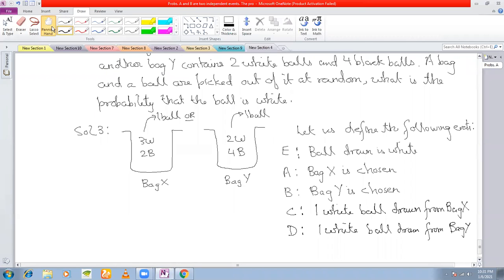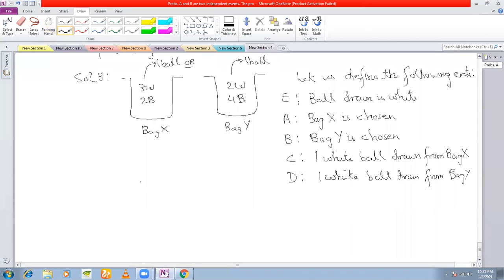So what is E composed of? Therefore, E is equal to, I choose bag X and I draw one white ball from bag X. Clear with this? A intersection C. Or what I can do is union for or.